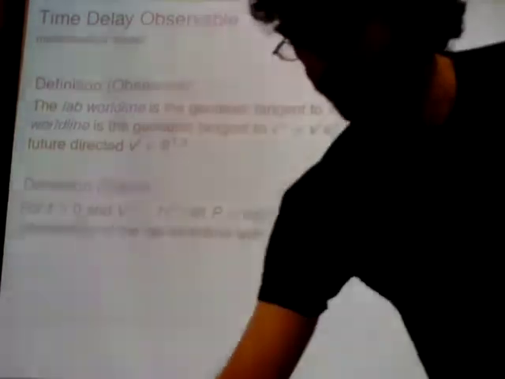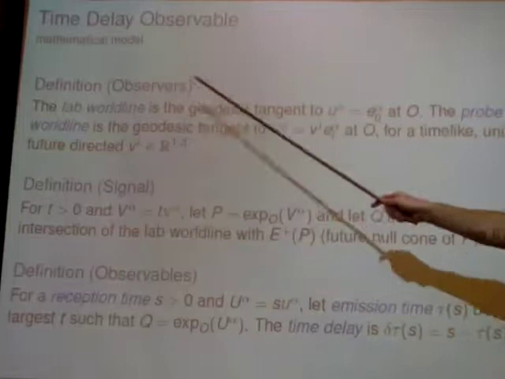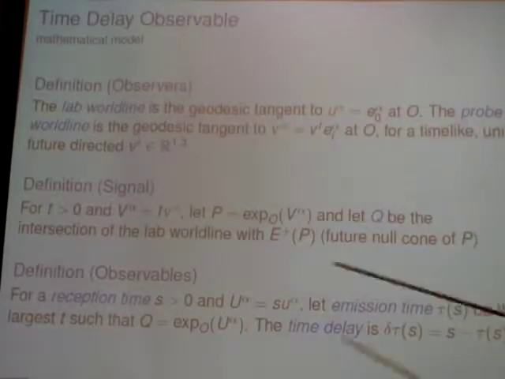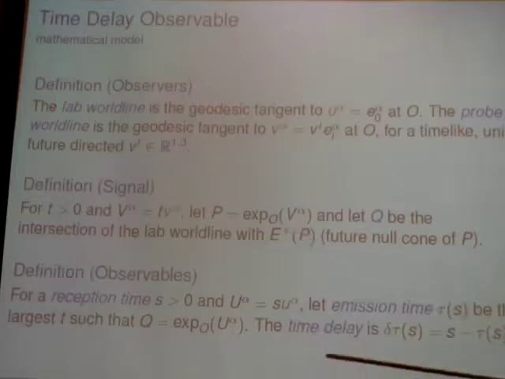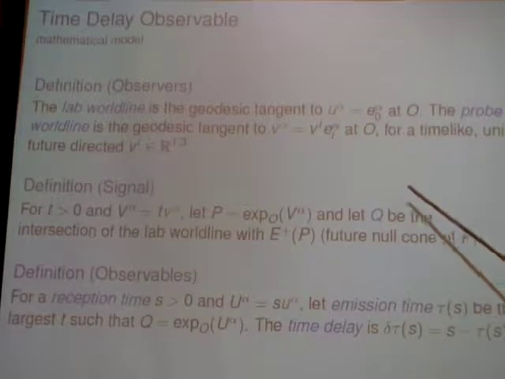Okay, so these observers, the lab and probe world lines, are geodesics that are defined using the data that I introduced in the lab-equipped spacetime. So these are both geodesics that pass through the point O with different tangent vectors.